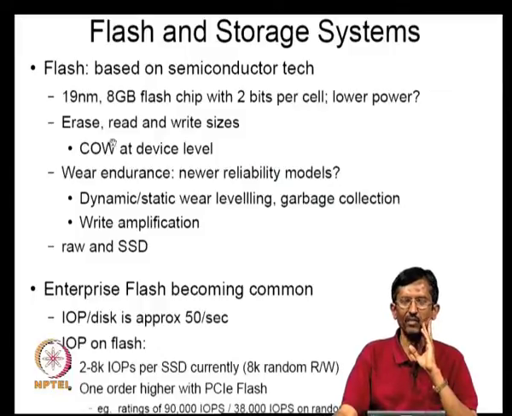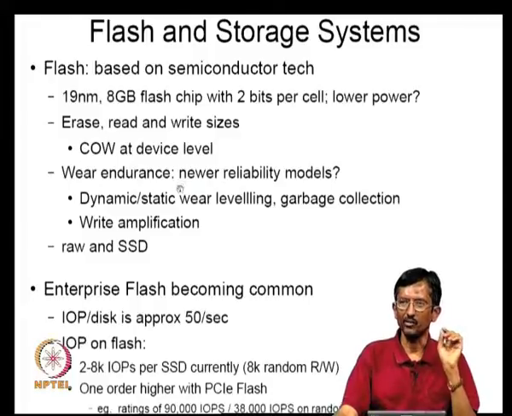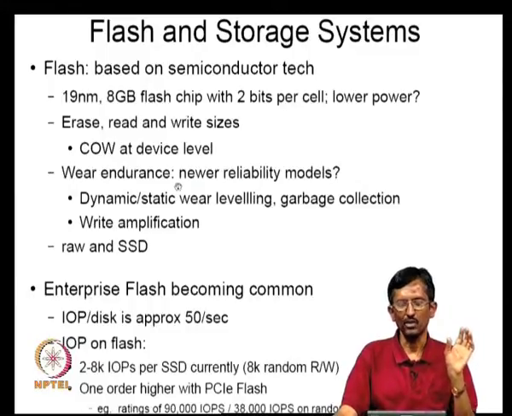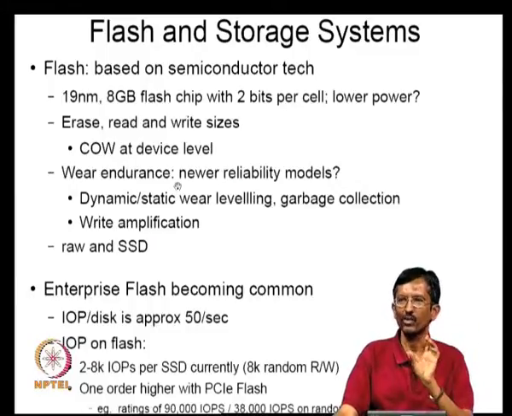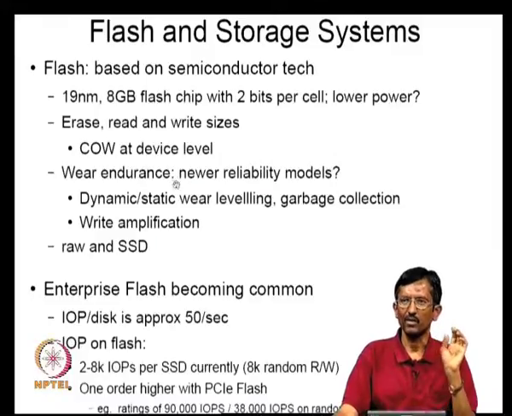Whereas static wear leveling, as it is called, you basically look at the distribution of how many writes, independent of writes, you actually try to move things around. Basically, you write live data to some other place, and then release those things which have already been written out to other places.